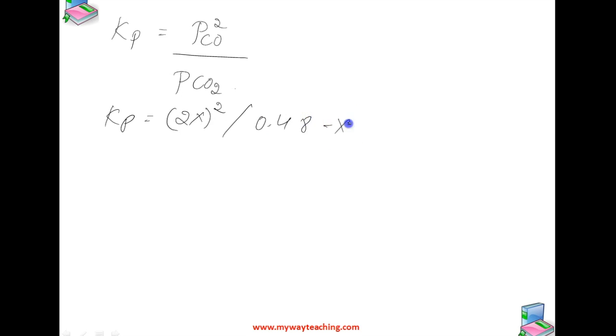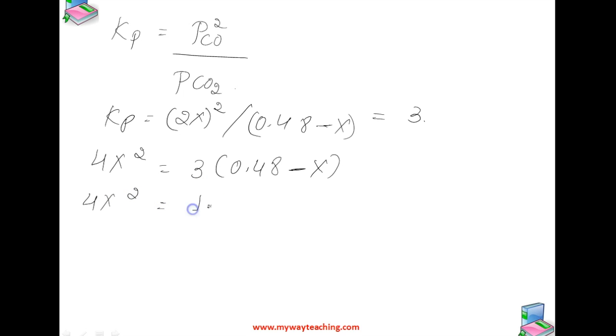So Kp is equal to PCO squared divided by PCO2, and Kp is equal to (2x) whole squared divided by (0.48 minus x), which is equal to 0.3. Then 4x squared is equal to 0.3 into (0.48 minus x). Okay, 4x squared is equal to 0.144 minus 0.3x.